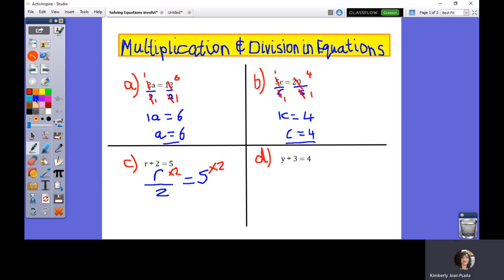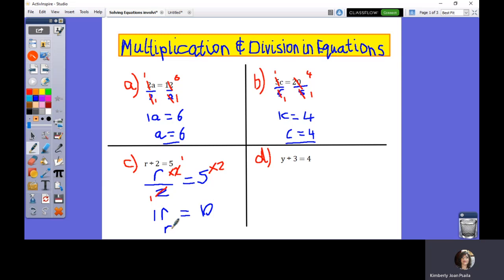Now it comes very easily, because we can simplify this 2 with this 2. 2 divided by 2 leaves us with 1, and 2 divided by 2 gives us 1 as well. So what are we left with? We are left with 1 all over 1, which is 1, r is equal to 5 times 2, which is 10.